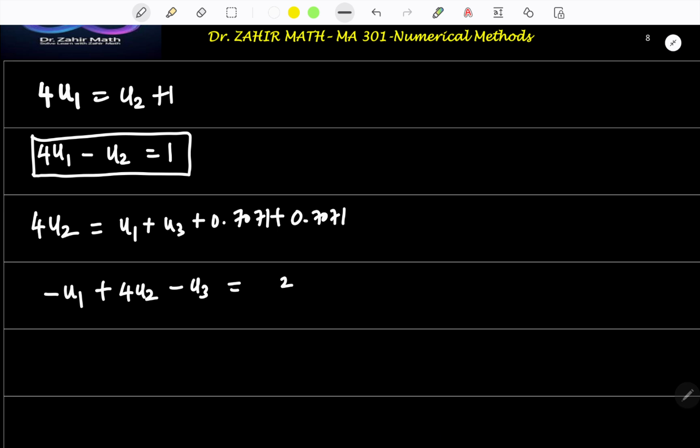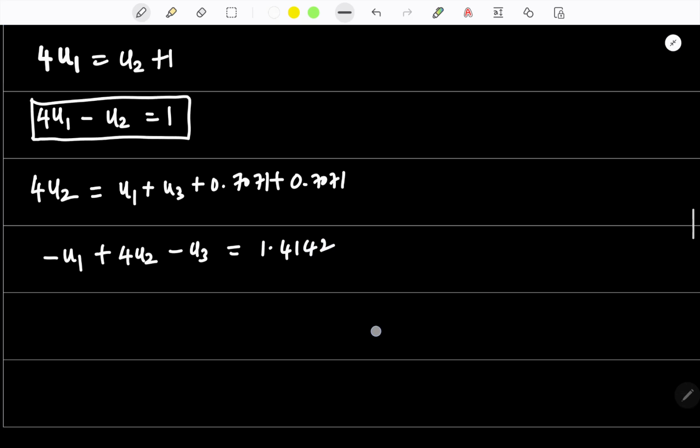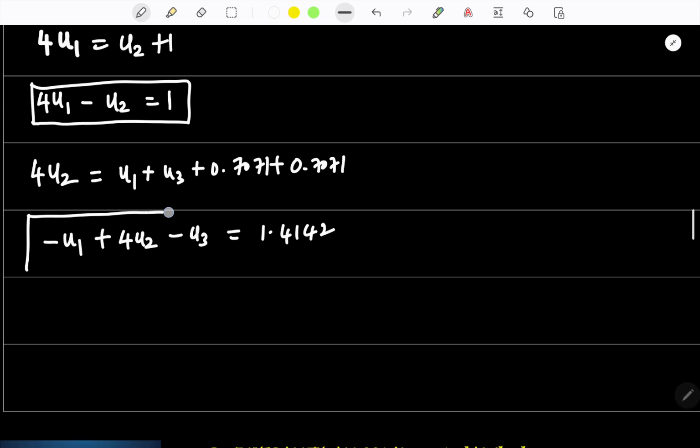Let me calculate it, maybe I'll make mistakes. 0.7071 multiplied by 2, which is equal to 1.4142. Now I got the second equation, u1, u2, u3.